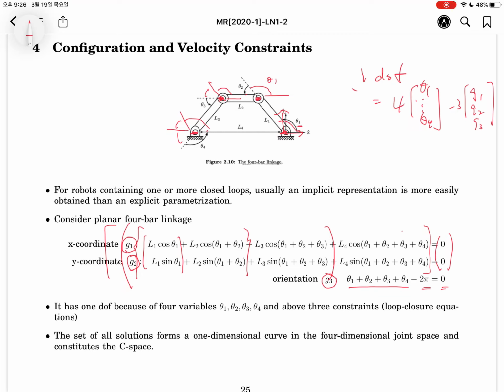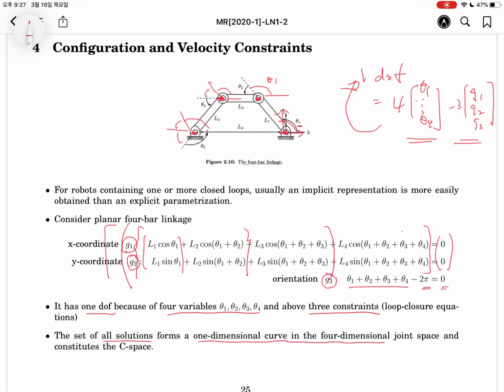Actually, a 1 degree of freedom mechanism is enough to be expressed using one variable, but we are using the implicit parameterization. In this case, 4 variables are used to represent the 1 degree of freedom mechanism with the 3 constraints. It has 1 degree of freedom because of the 4 variables and the 3 constraints.